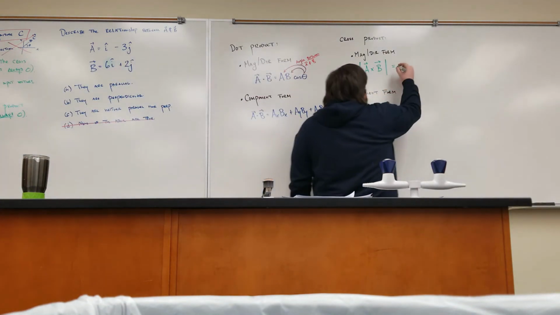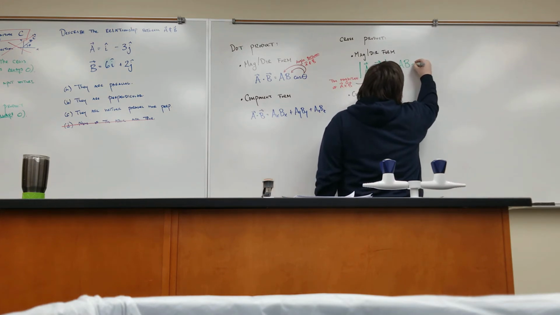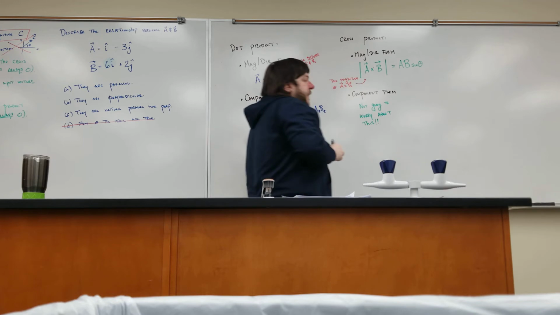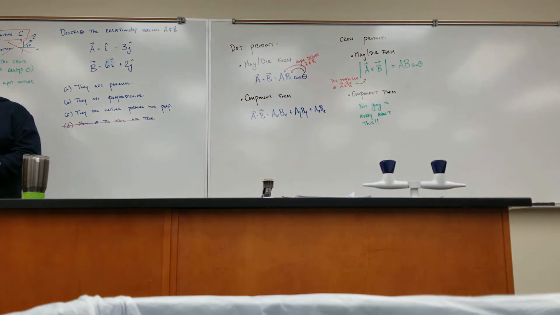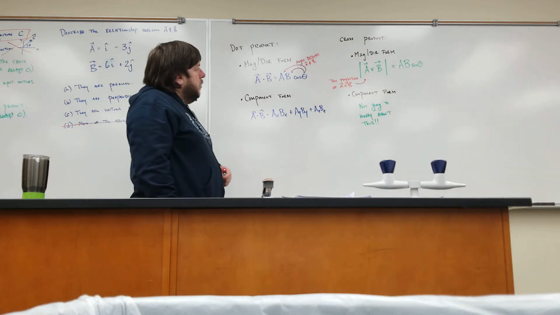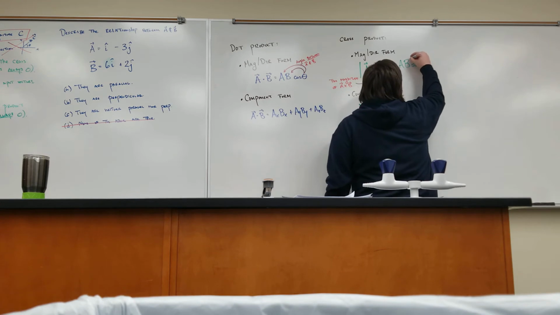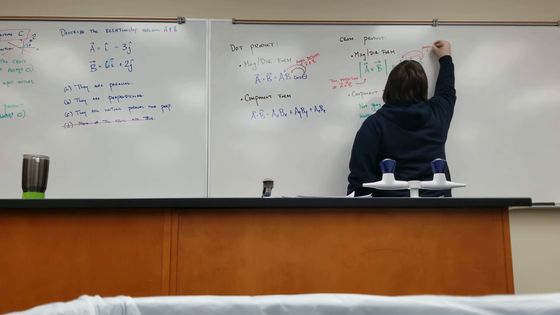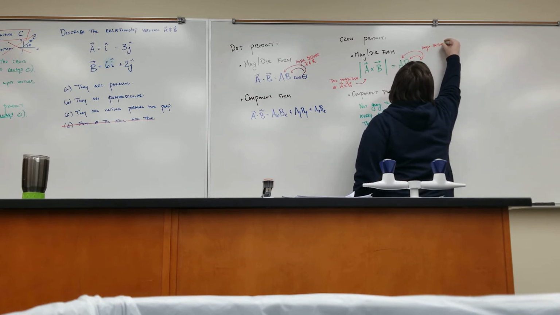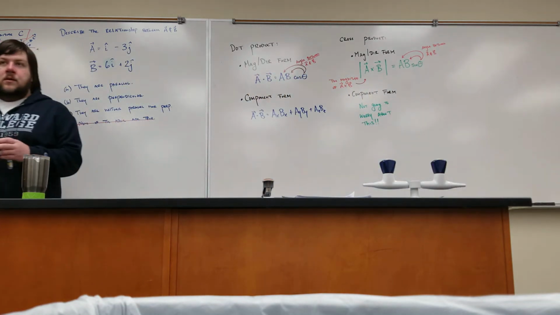Okay, and what it's going to be is the magnitude of A times the magnitude of B times sine of theta. Okay? Where theta is defined the same way. Theta is the angle between A and B.